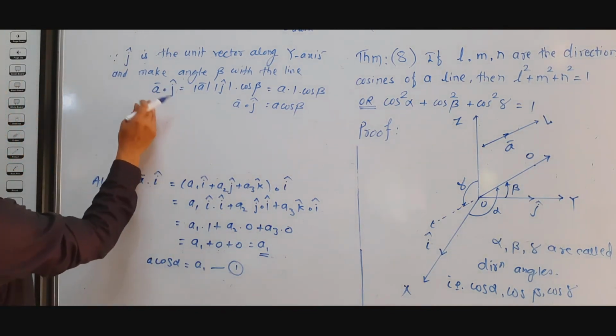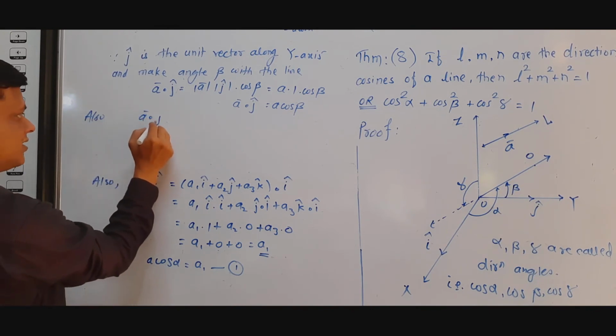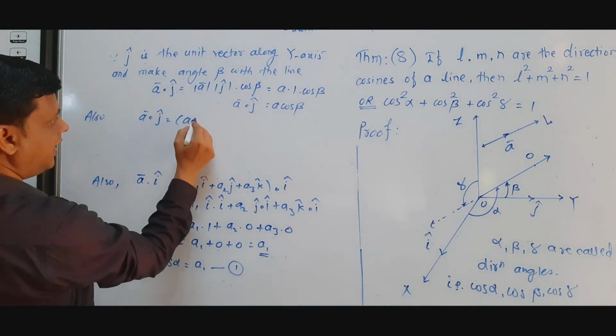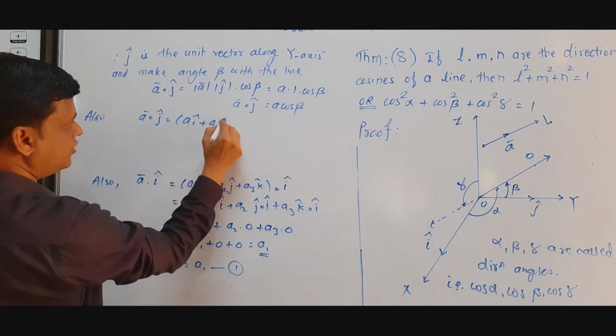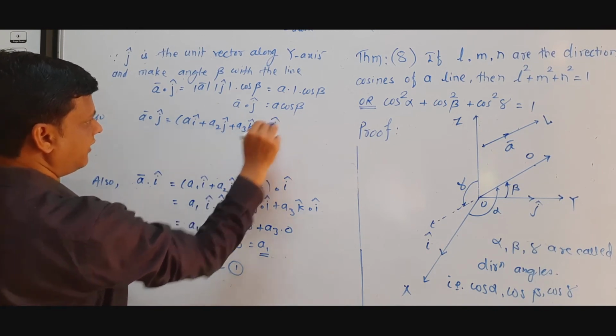Similarly, by substituting the value of vector A, A bar dot J cap is equal to A1 I plus A2 J plus A3 K dot J cap.